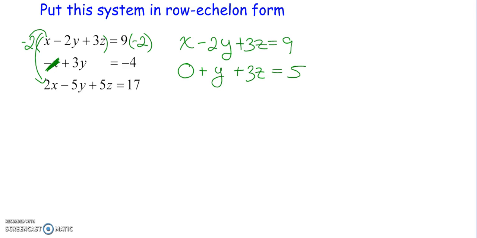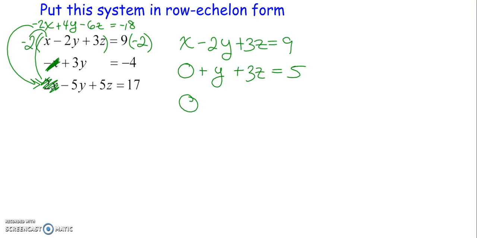So what I'm thinking in my head is, okay, this top equation is really negative 2x plus 4y minus 6z equals negative 18. These numbers I've written in green can now be added to this equation, and if I add them together, I get the 0 here that I want. All right, this is going to be 0.